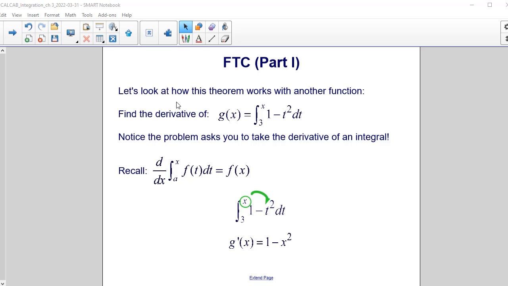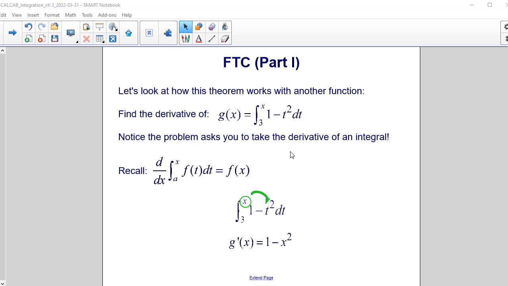Let's look at how this theorem works with another function. In this case, we are asked to find the derivative of g of x, which is equal to the integral from 3 to x of 1 minus t squared dt. Now notice the problem asks you to take the derivative of an integral.